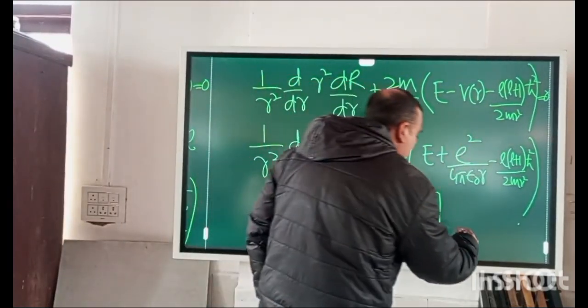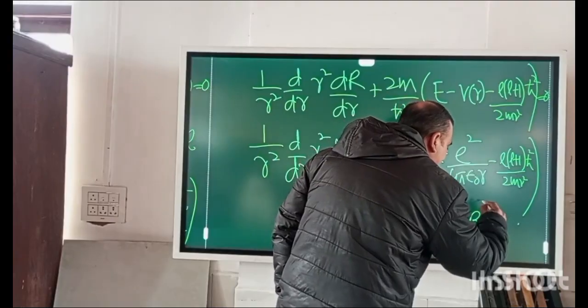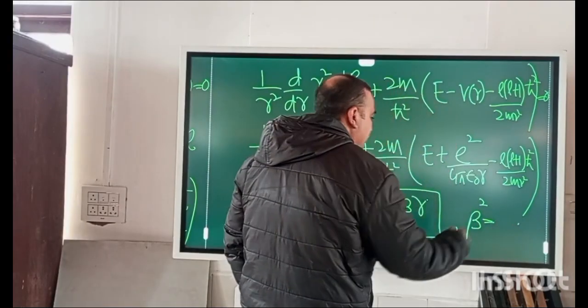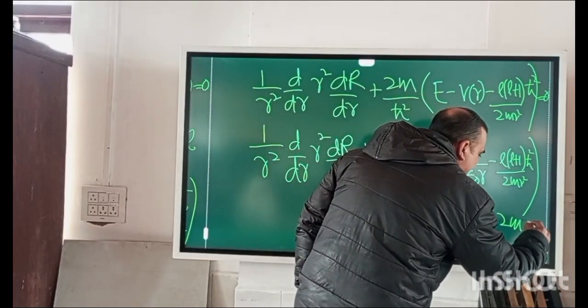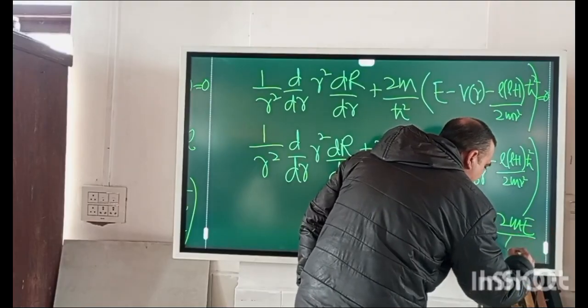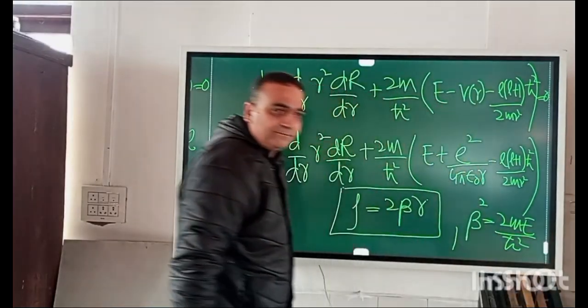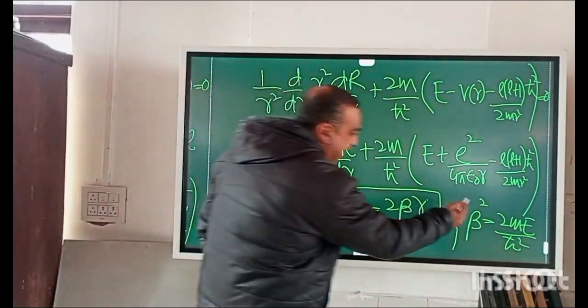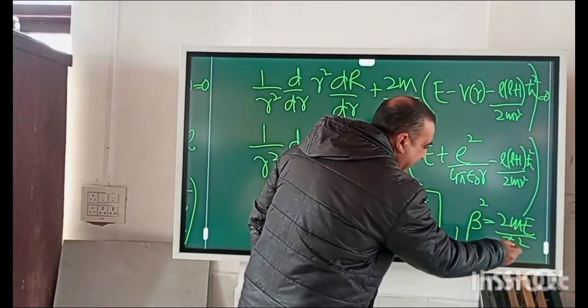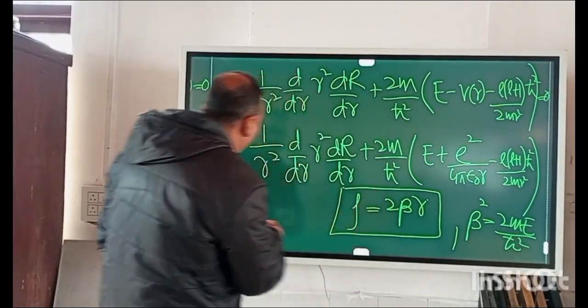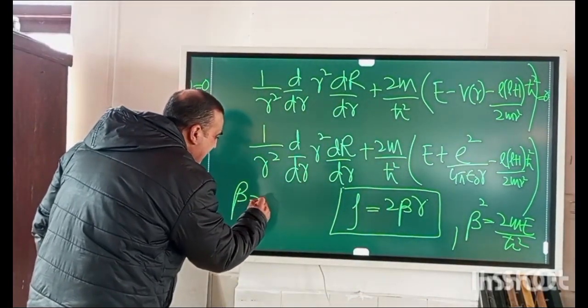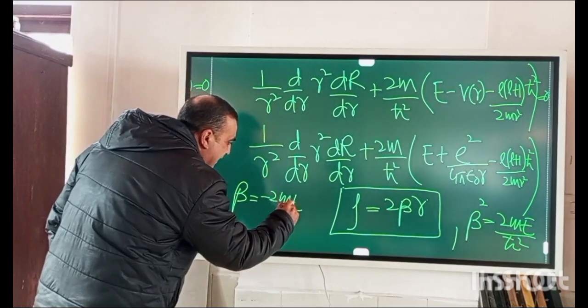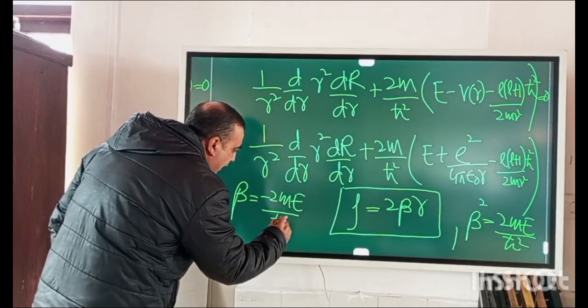For beta, what I choose is beta square is equal to 2mE by h bar square. So if beta square is 2mE by h bar square, you can think of beta as minus 2mE by h bar square.